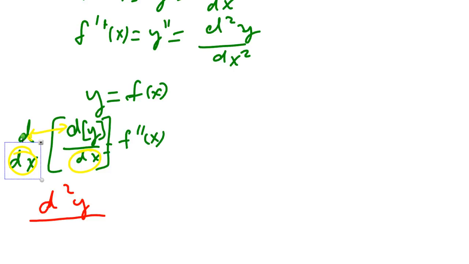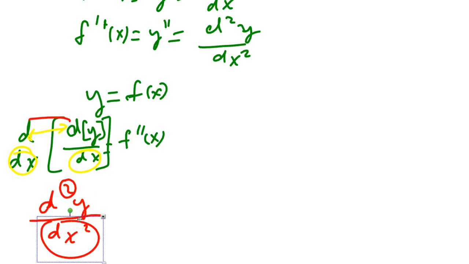That looks like I'm squaring the dx, right? So you'll often see the second derivative written as d2y over dx squared. I've got a pair of d's, hence the d squared. I've got two dx's, hence the dx squared. And that's the notation that we use, and that's the reason.